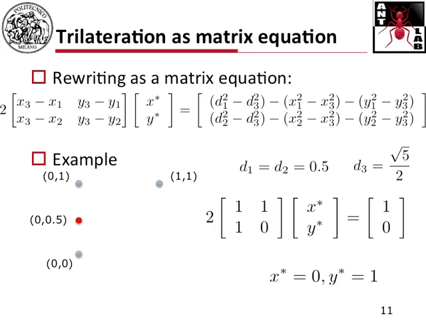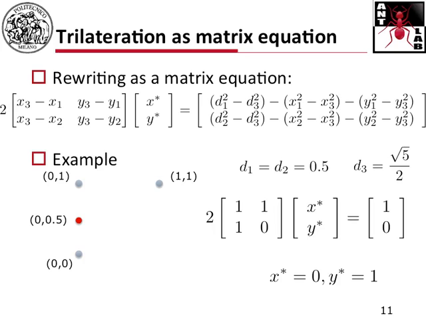Example. What does this system look like in a very simple case? Suppose I have these 3 anchors. One is here, one is here, and one is here. These are the coordinates of the anchors, and this is the point I want to localize. This point is in position 0, 0.5.